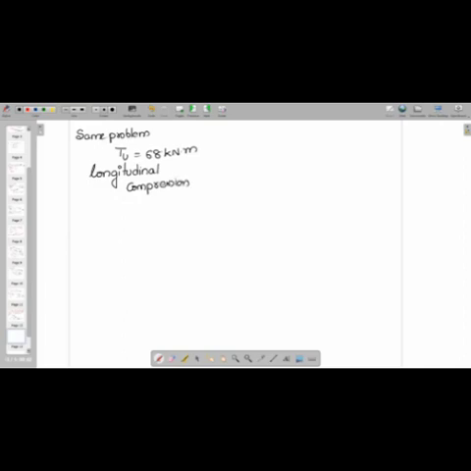The longitudinal compression steel will be designed for. Can anyone tell me this?